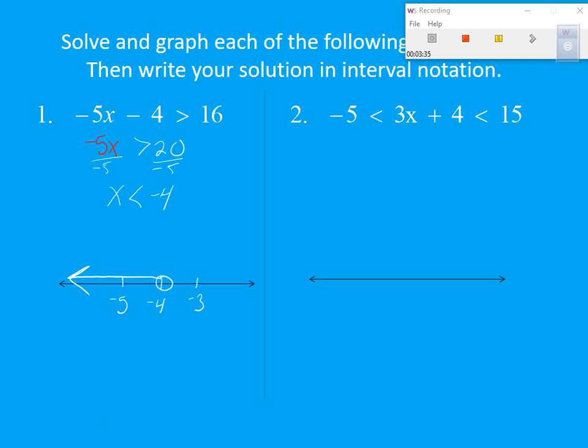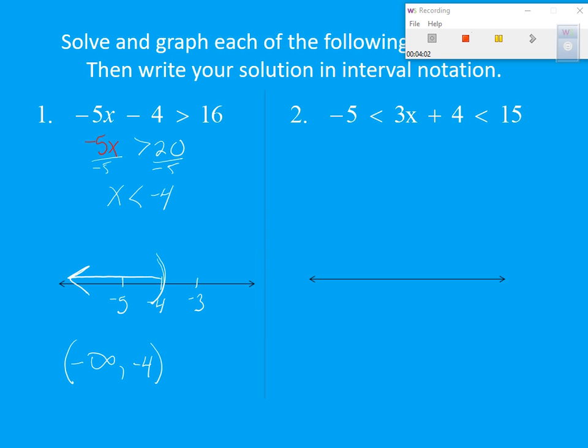Now, instead of an open dot, you could also see a parenthesis. Remember, in interval notation, the parenthesis does not include. Sometimes in higher level mathematics, they just draw it like this, because it makes the interval notation be negative infinity to negative 4 in parentheses.